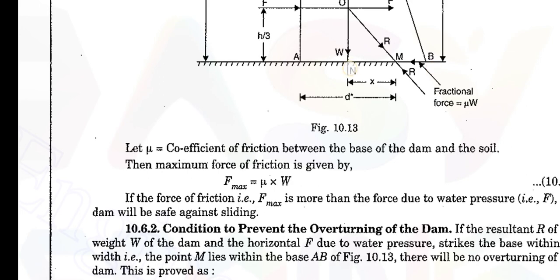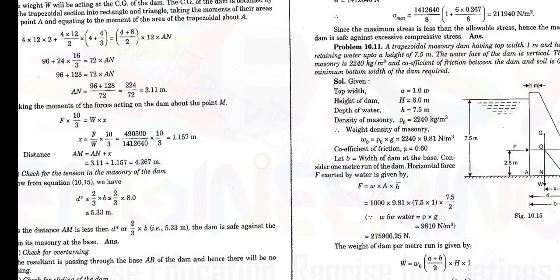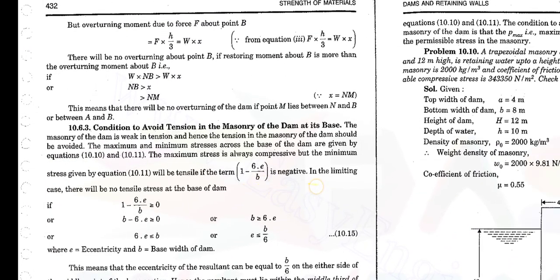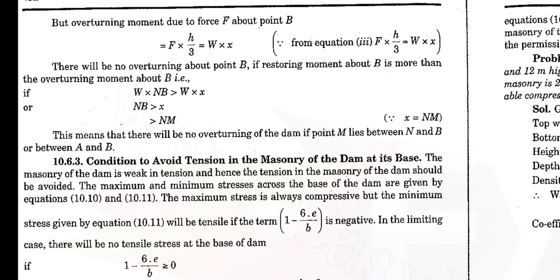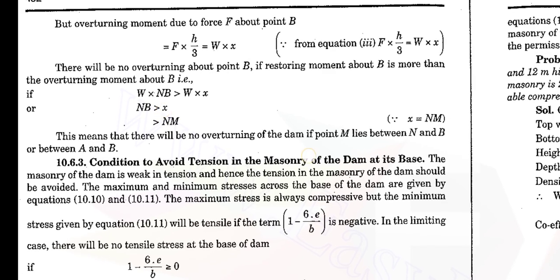This distance, the total bottom width, must be greater than x. If it is equal to x, it will start to overturn. If it is less than x, surely the dam will overturn. So this is the condition to be stable against overturning.